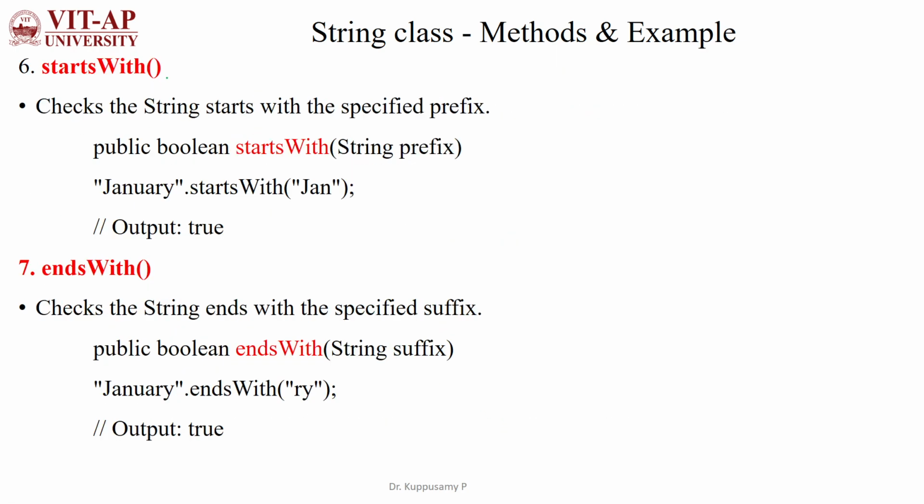And the next method is startsWith, that means it will check whether the string starts with the specified prefix. This is also a boolean method, checking a particular prefix. You look at that, suppose I am having January, February, like that.